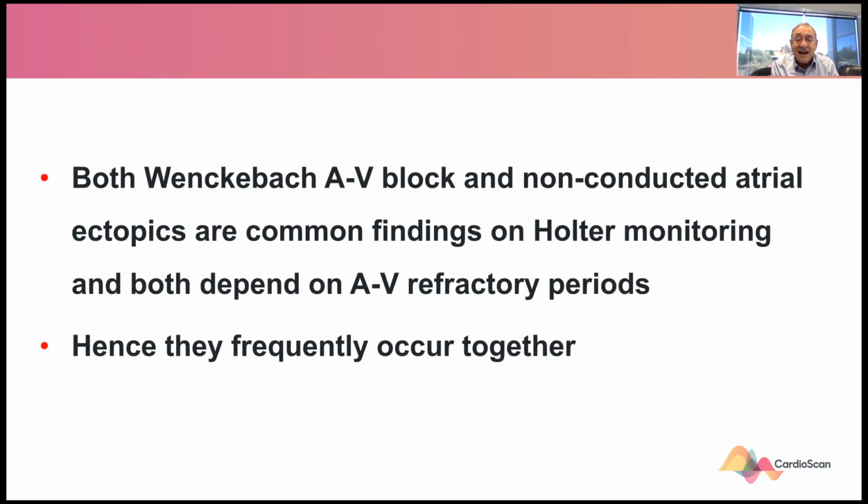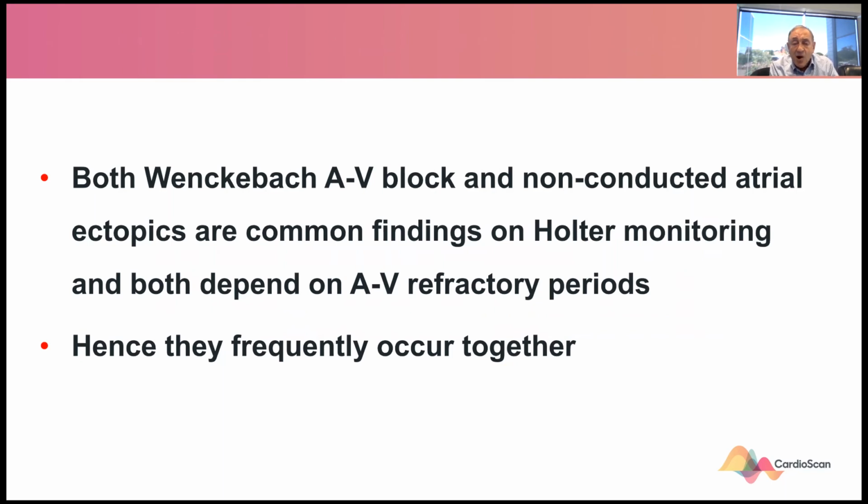So both Wenckebach AV block and non-conducted atrial ectopics are common findings on the Holter monitoring, and both depend on the AV refractory periods. Remember, atrial ectopics occur very commonly in everybody, and Wenckebach AV block is also common, particularly in the young.